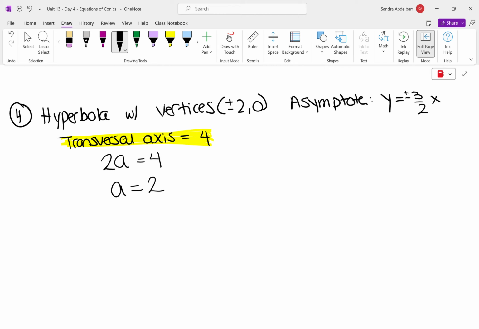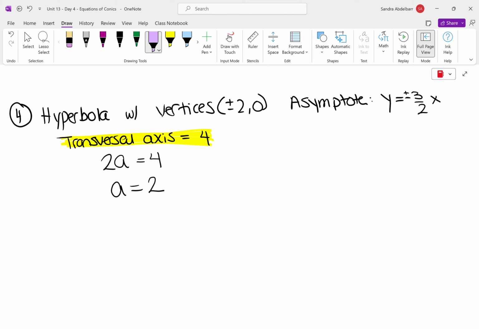No, it just tells me that a is 2. It hasn't identified the hyperbola for us. So now I'm going to go at the other information they gave us. They gave us the vertices, which would lead me to strongly believe this would be a horizontal hyperbola because it's on the x-axis.